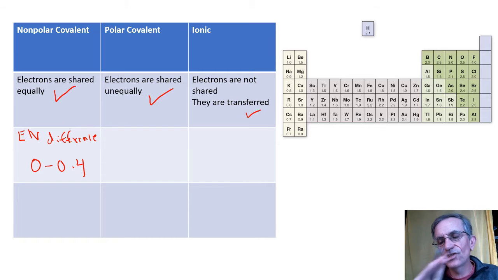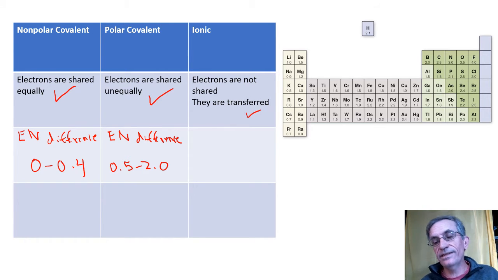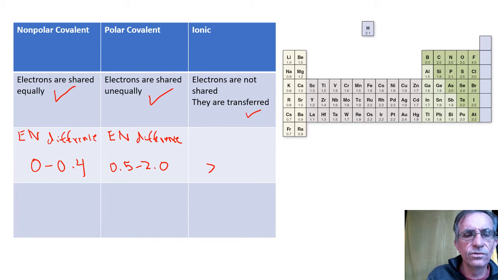If the electronegativities are 0.5 all the way up to 2 apart, that kind of difference goes with a polar bond. If the electronegativities are way different, meaning more than 2, that will be an ionic bond.